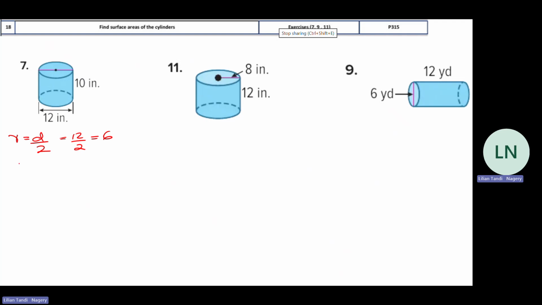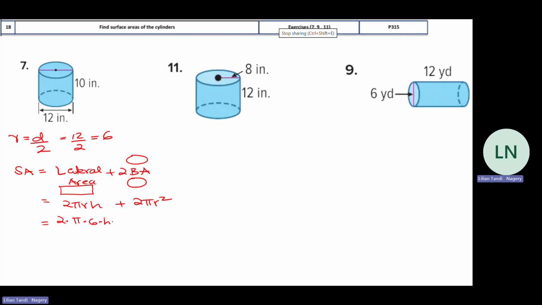Now, how do I find the surface area of a cylinder? Surface area of a cylinder is lateral area plus 2 base areas. Why 2 base areas? Because you have a bottom circle and a top circle. Lateral area is a rectangle. So this is 2 pi r h plus 2 pi r squared. Then you put in your values. This is 2 times pi times 6 times height.